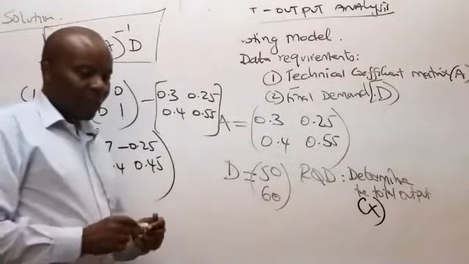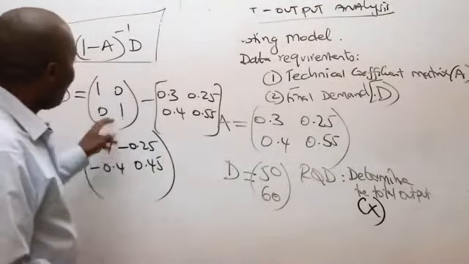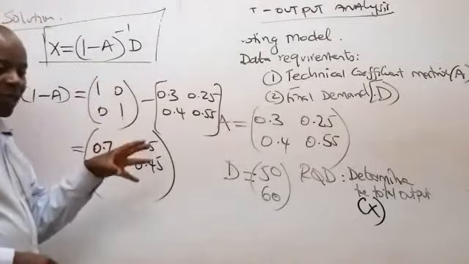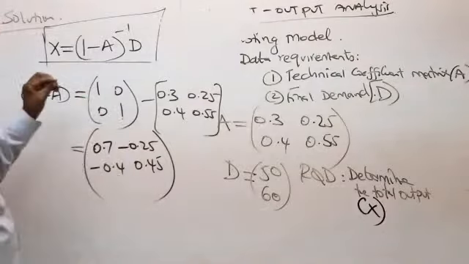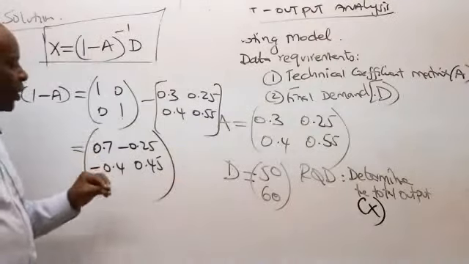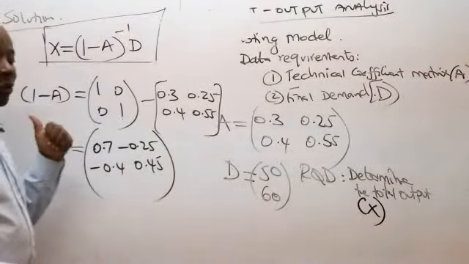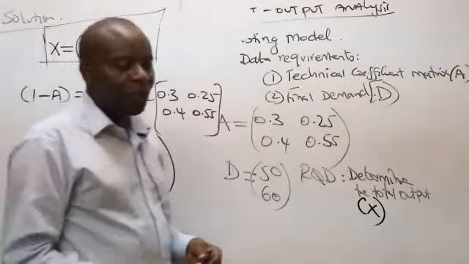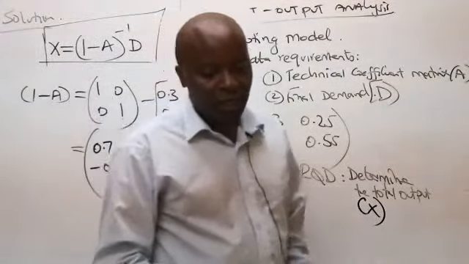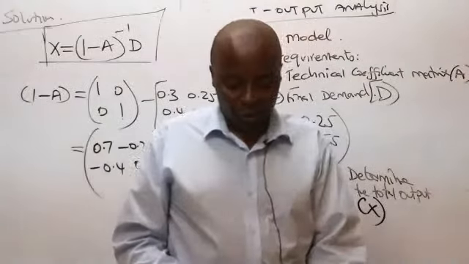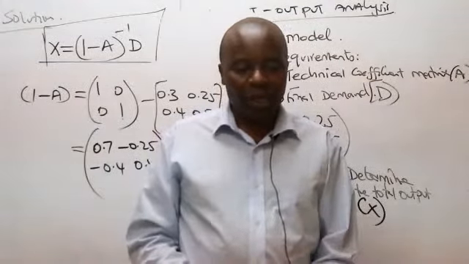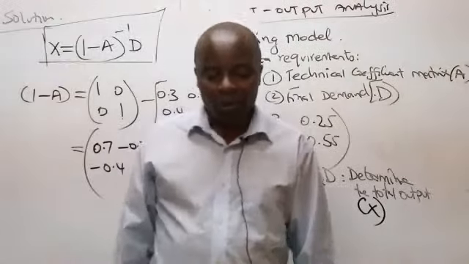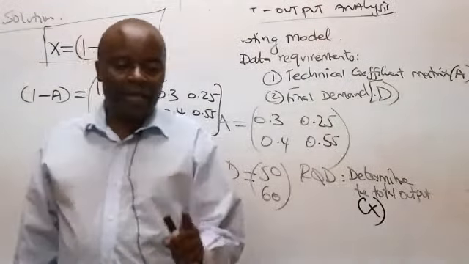Now, ladies and gentlemen, if you are a keen student, having gotten this that is in brackets here, what do you think will be the next thing to be done as per the formula? Find the inverse.